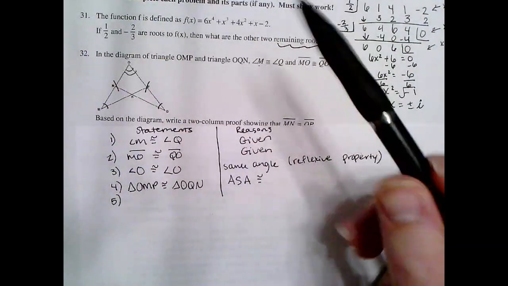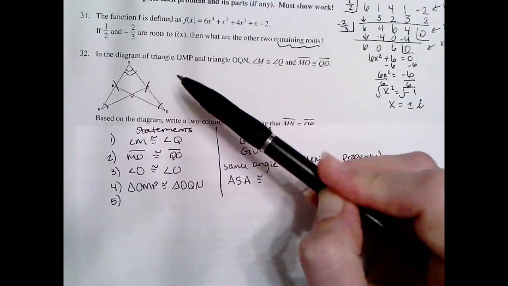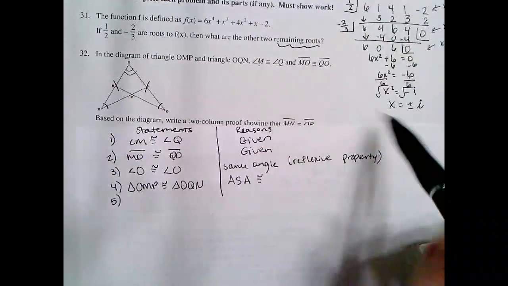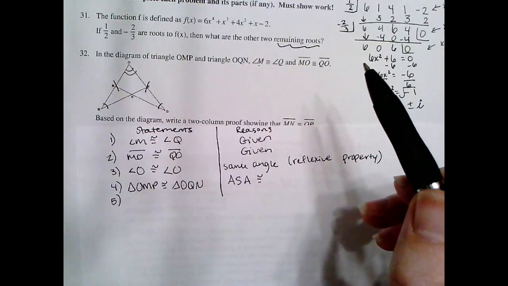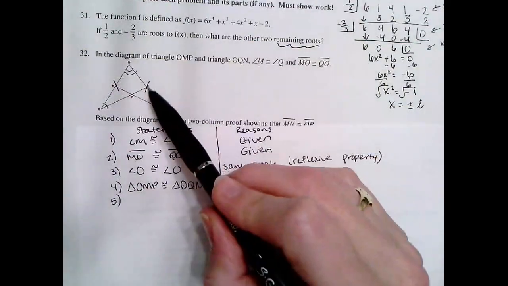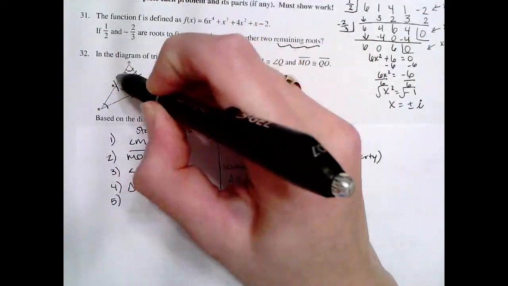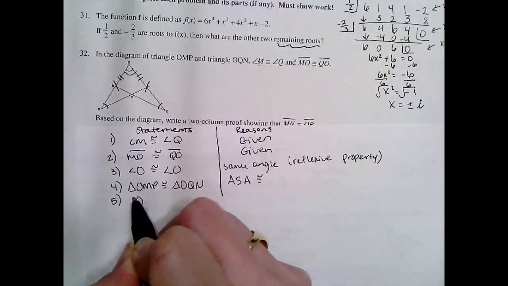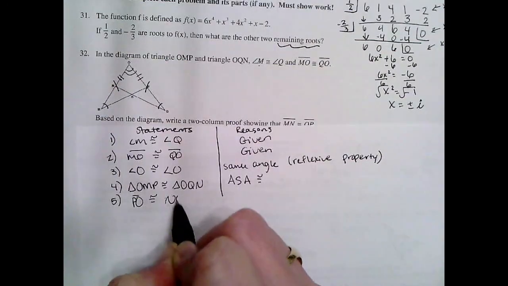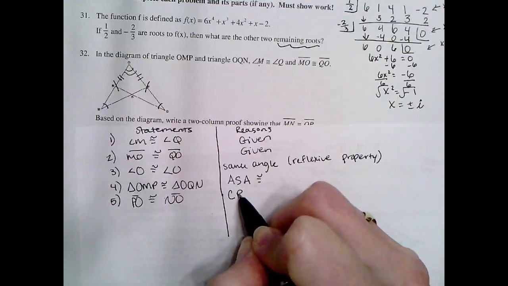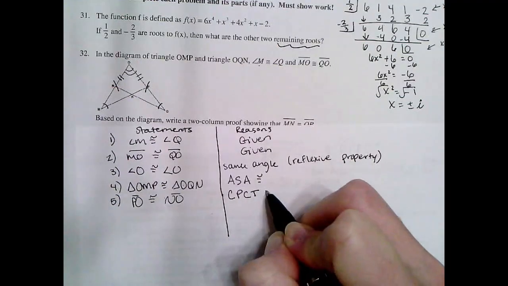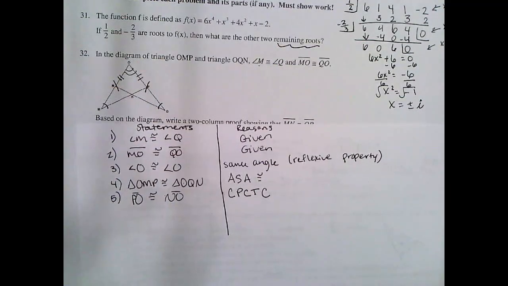Okay. If we have OMP is congruent to OQN, then we can also say that PO is congruent to NO. And the reason is corresponding parts of congruent triangles are congruent, CPCTC.